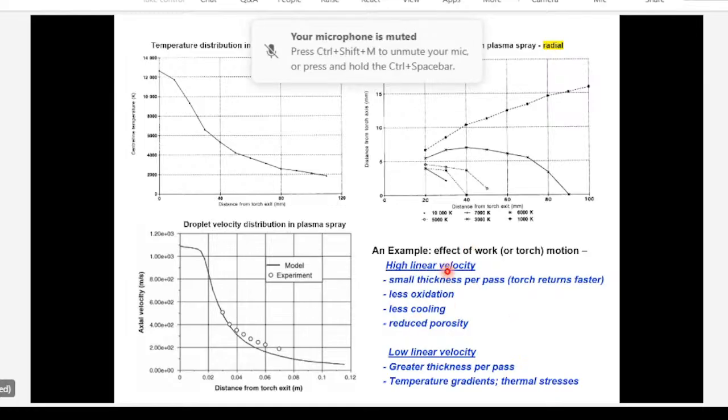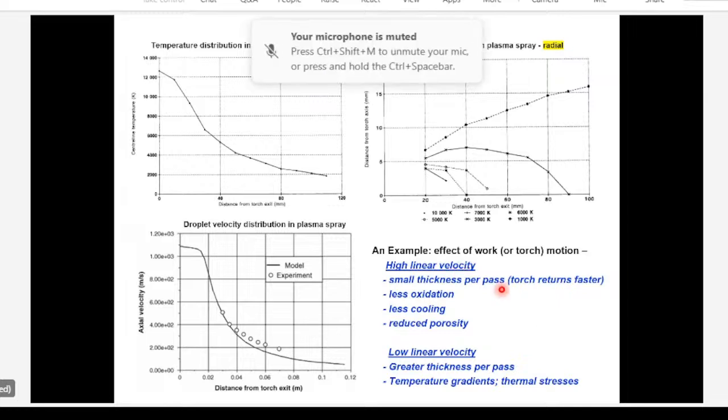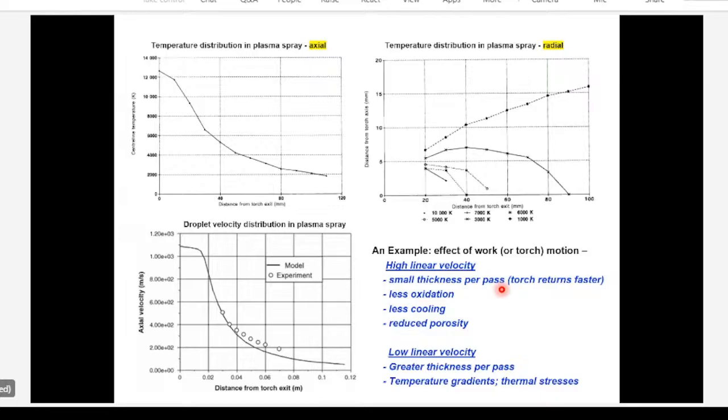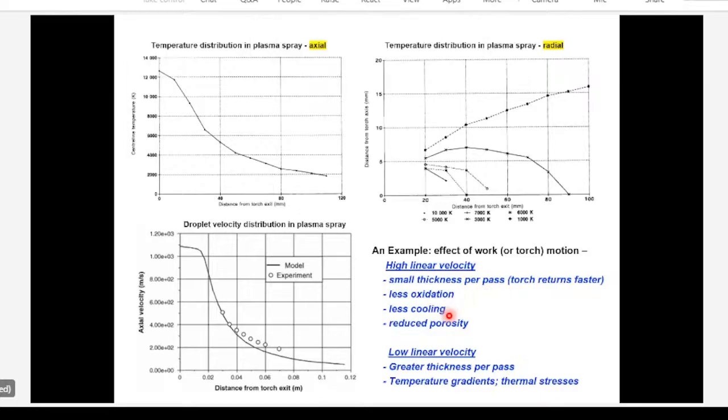And what is the effect of some of these parameters? If you have a high linear velocity, which means the gun is moving very fast over the workpiece, then you're depositing a very small thickness in each pass, because the gun will return to the initial position faster. So you have a slower deposit formation, but the good thing is that there is less oxidation and less cooling.